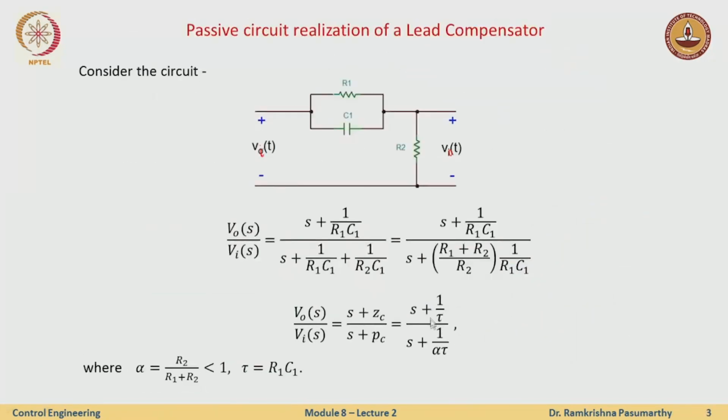Here, this is Zc, this is Pc, and Zc over Pc is 1 over tau, and on the denominator I have 1 over alpha tau. So this is Zc by Pc, which is alpha.